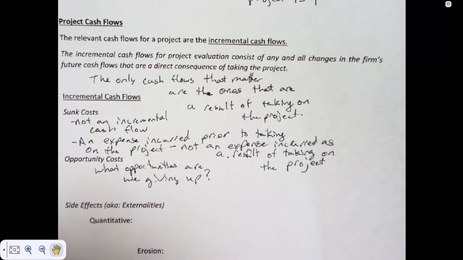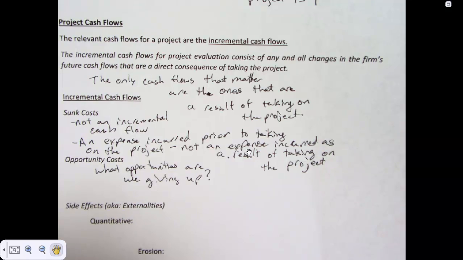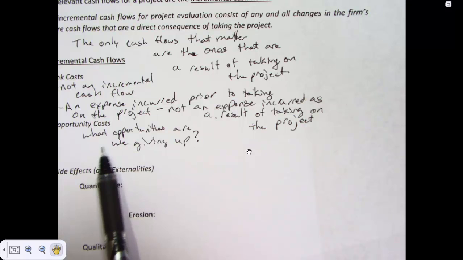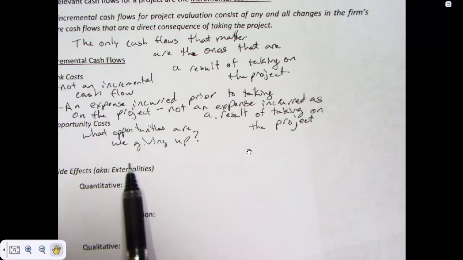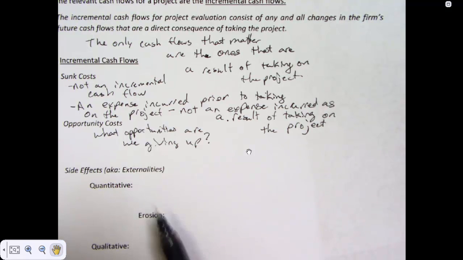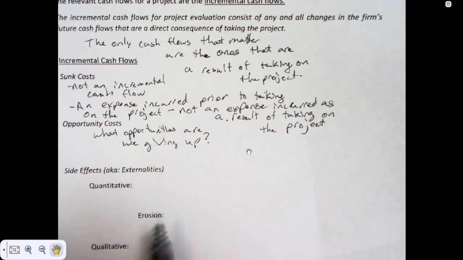What could we be doing? So if we're going to use a building for a project, well, what else could we be doing with that building? And we want to take that into consideration whenever we examine a project. We may not be able to directly come up with a number for that, but it's something we want to keep in mind whenever we look at a project. So that's also something to consider there.